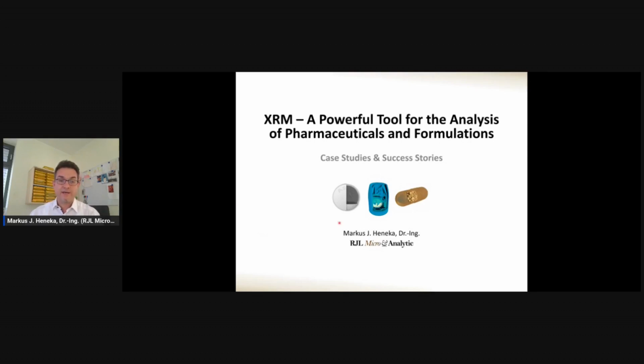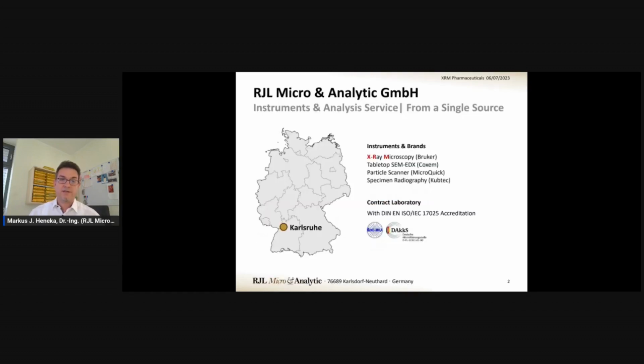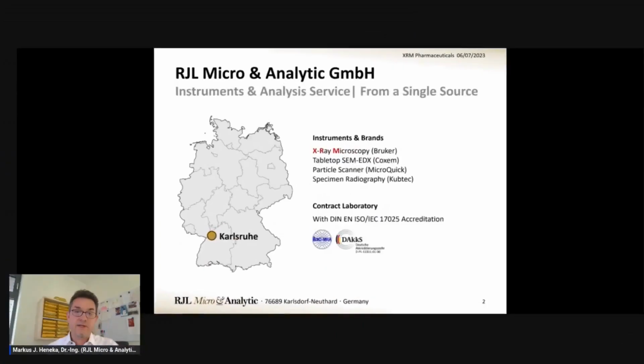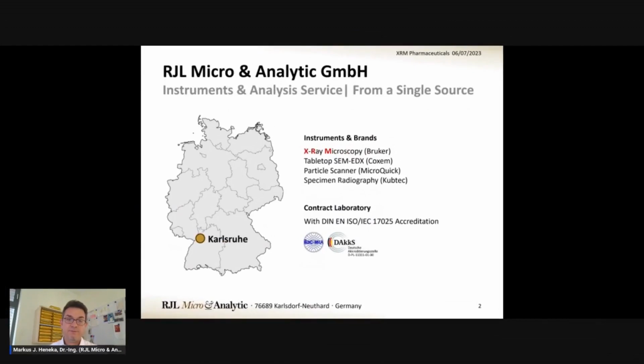I'm Marcus Henneke from the company RJL Micro and Analytic. Just RJL is enough. And our vision is to bring instruments and analytical services to the market from a single source.